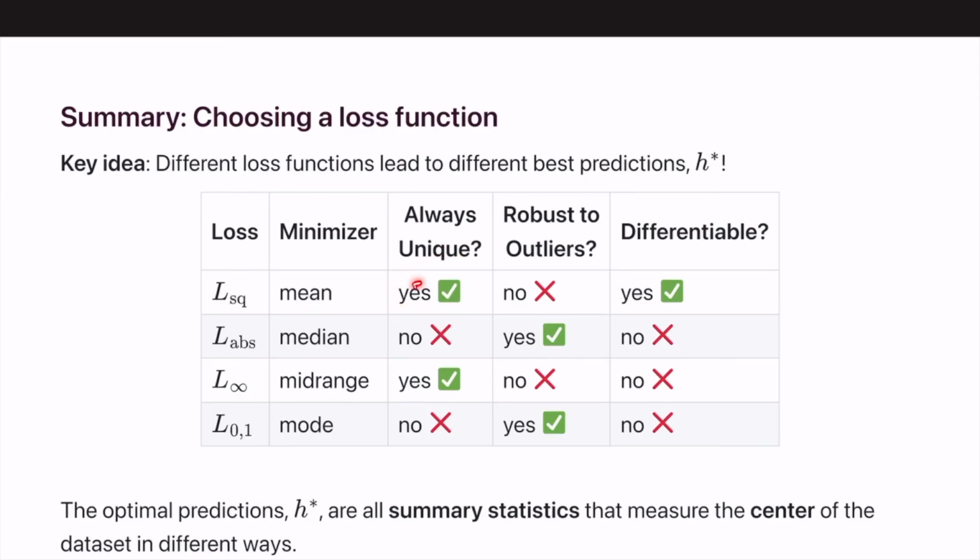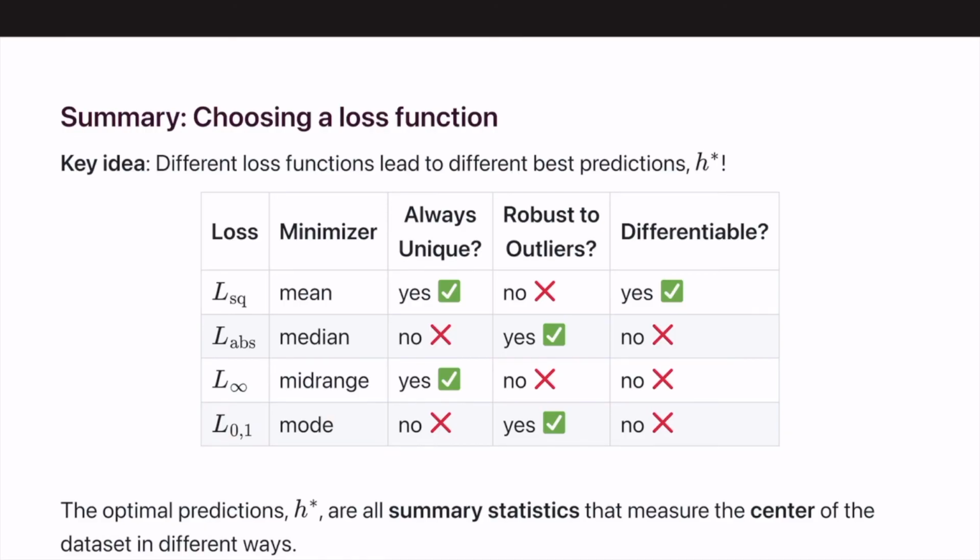Remember the reason why the median isn't unique, and potentially the mode, because you can have, as we saw in the last data set, multiple numbers that are the mode. But for the median, the mean absolute error, when you try to minimize that, if you have an even number of data points, the minimum becomes anything in between the two middle numbers.